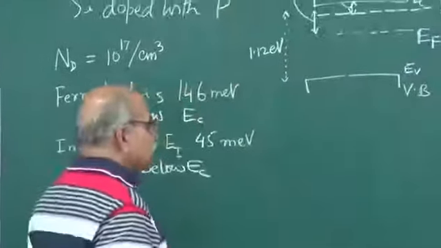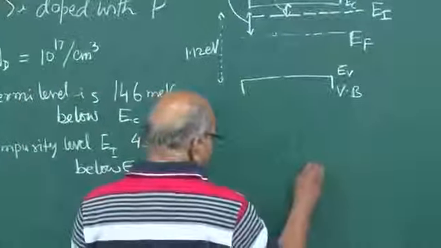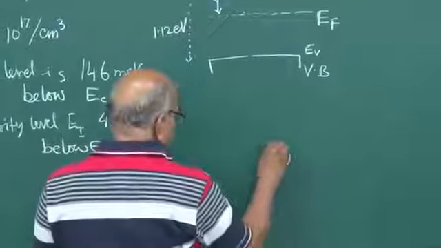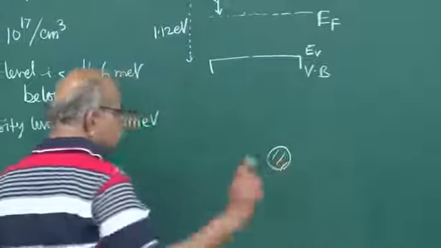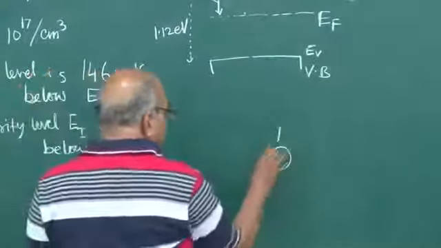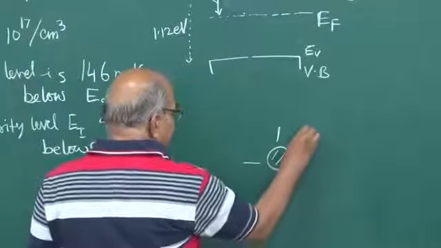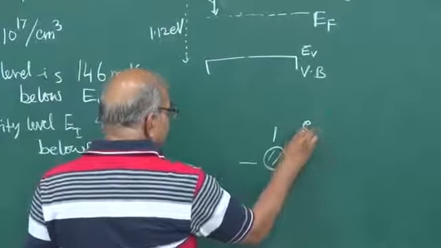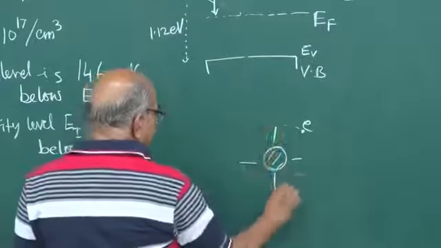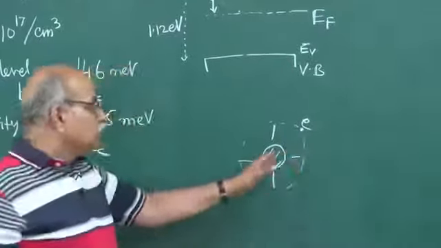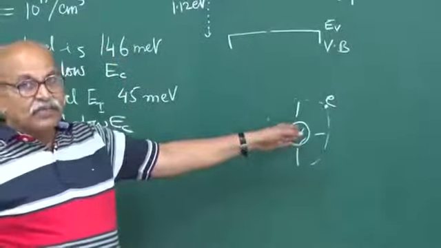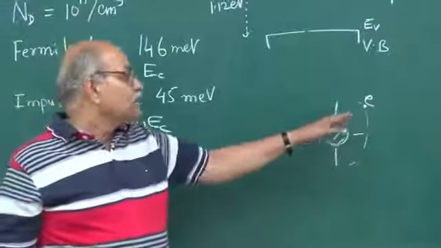So remember the mechanism. If I have a donor impurity here, it comes with 5 outer electrons, 4 are bonded, and 1 is still here, bound to this donor atom. So it's a neutral atom.